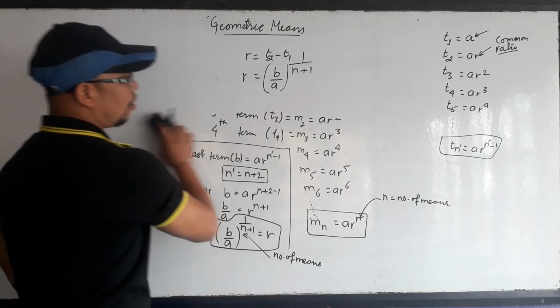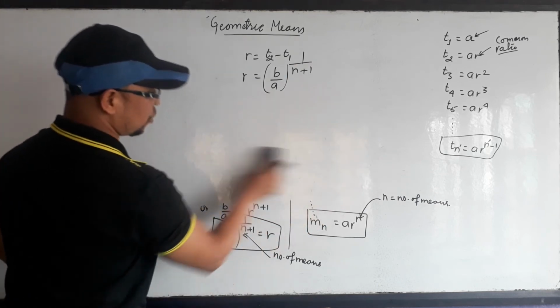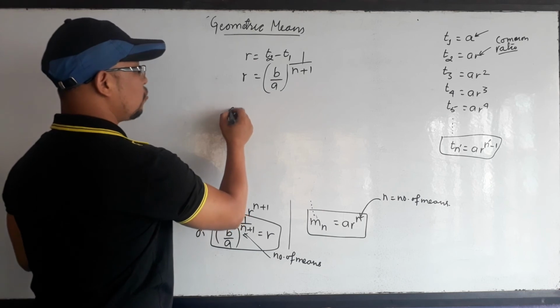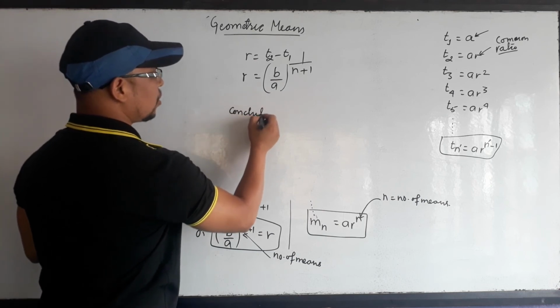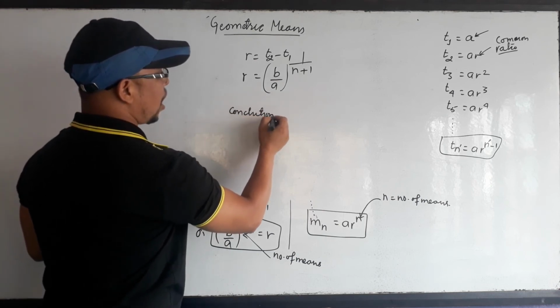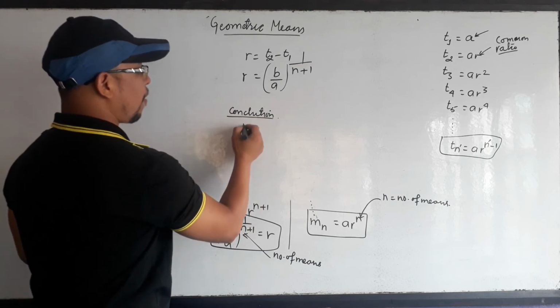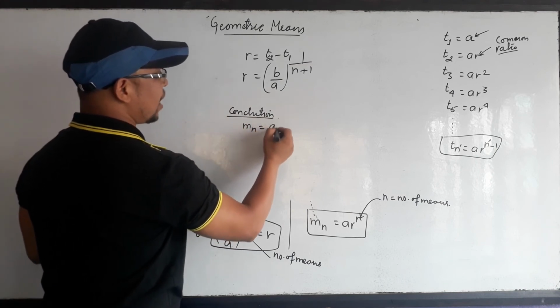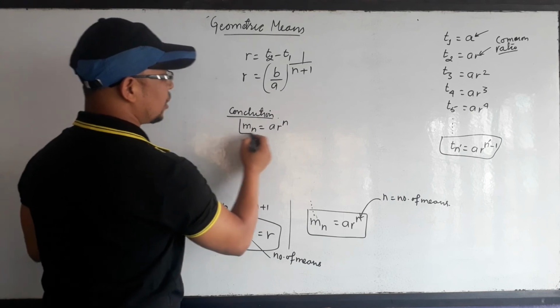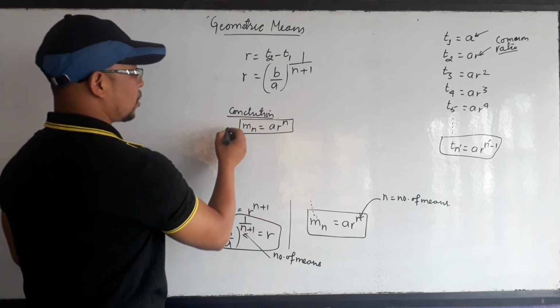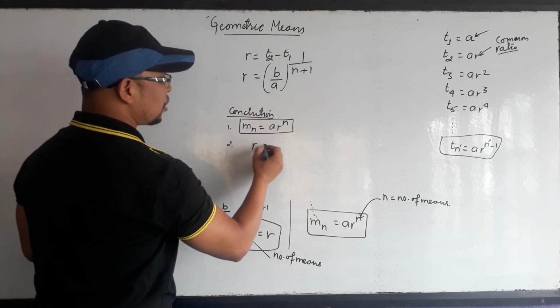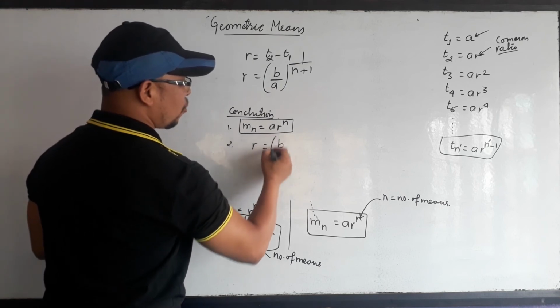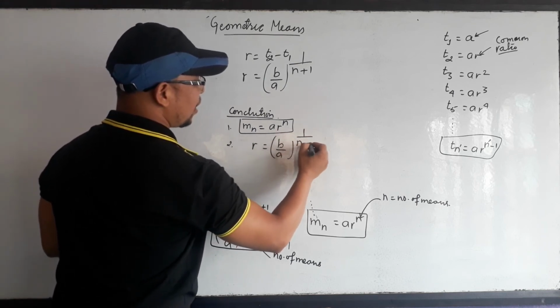Okay, students. Now the conclusion of what we learned in this lecture. We found Mn, which is AR power n. This is the first. And second, we found its common ratio is b by a whole power 1 by n plus 1.